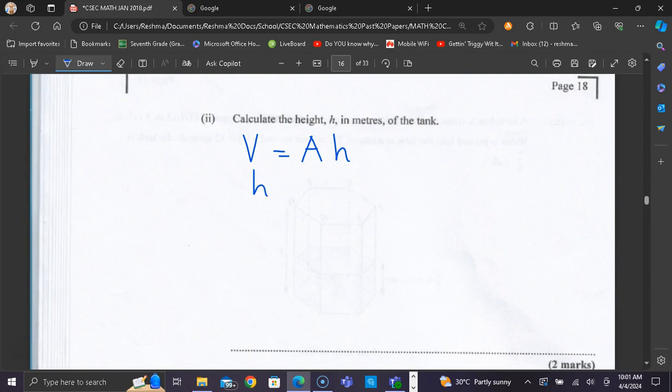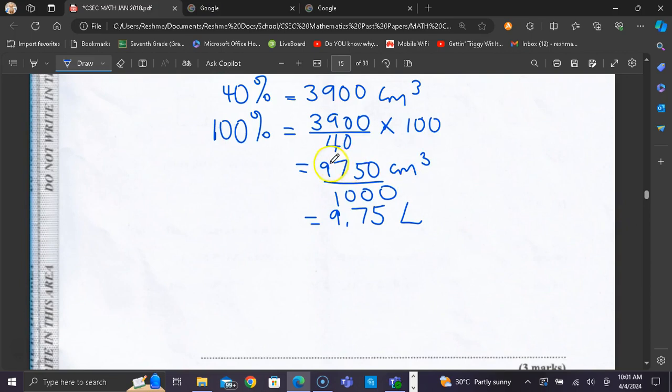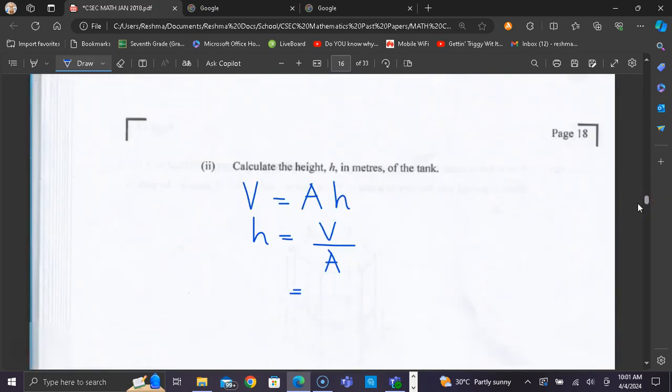Okay, so we need to find the height. So the height will be the volume divided by the cross-sectional area. So the volume, remember we did that in part 1, the volume of the tank, which was 9,750 cubic centimeters.